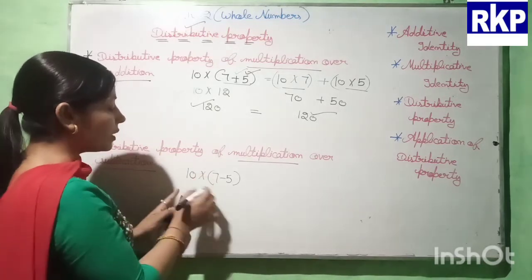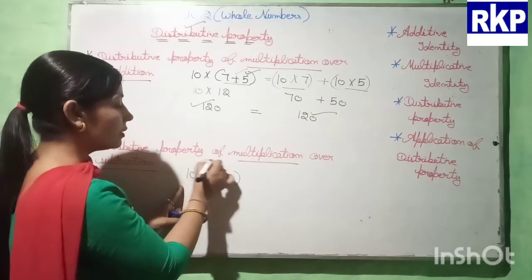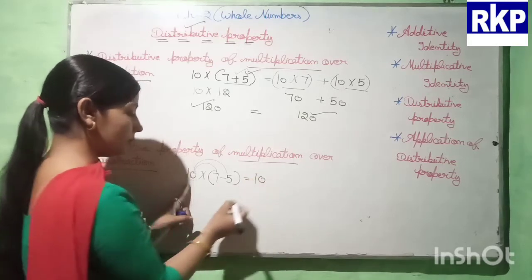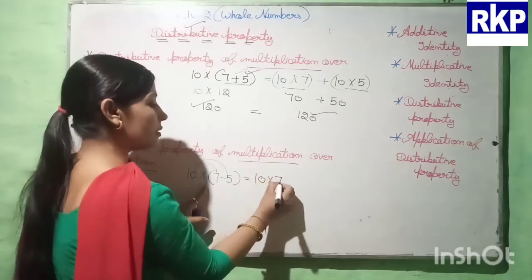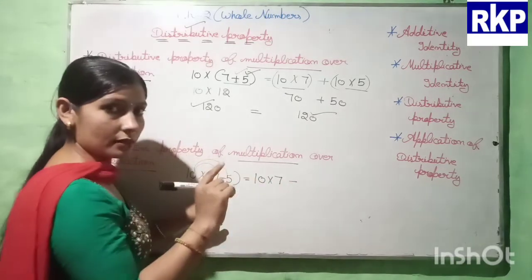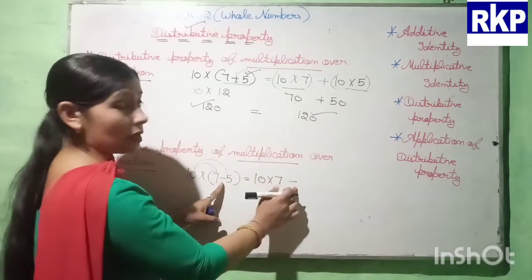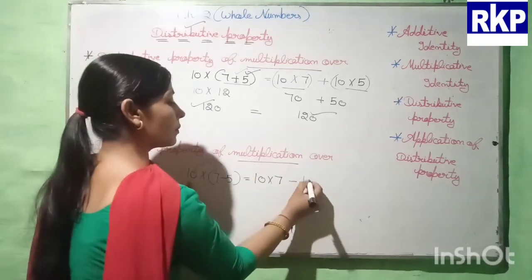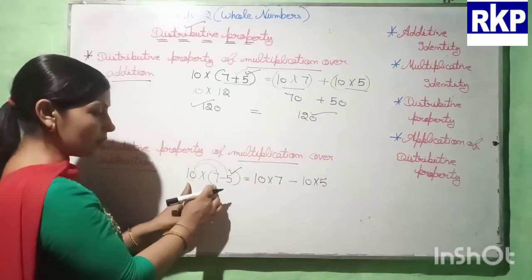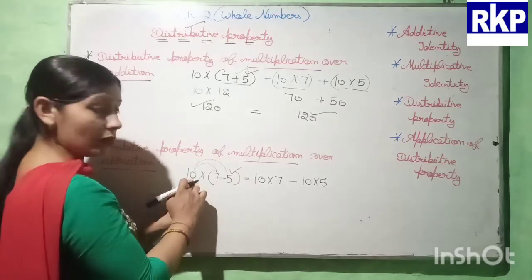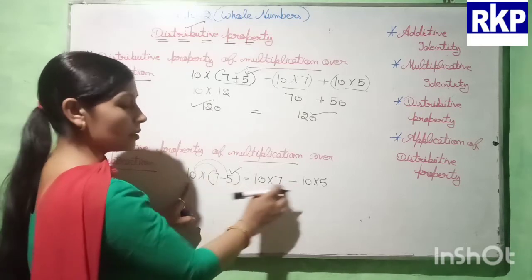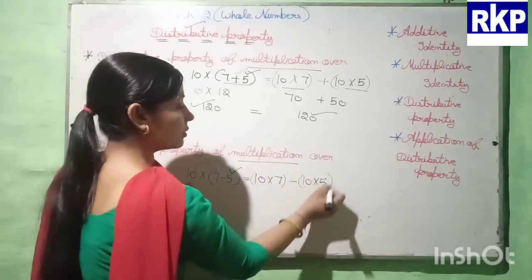Now we will share this 10 with 7 and then with 5. So we write 10 multiply with 7, and since the sign is subtraction, we put the same sign, then 10 multiply with 5, and close in brackets.